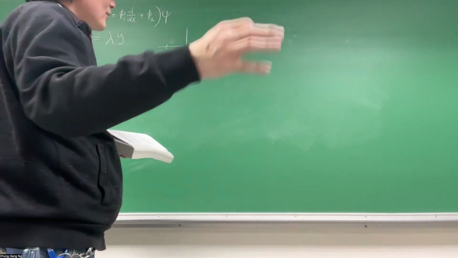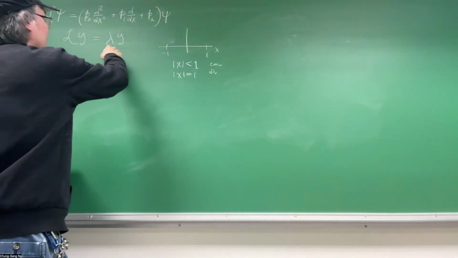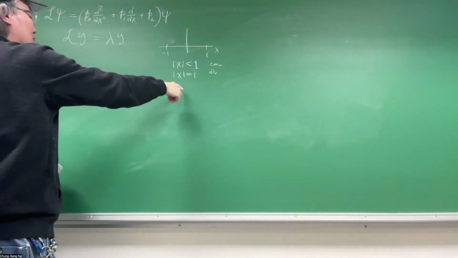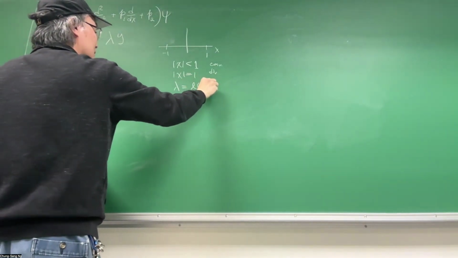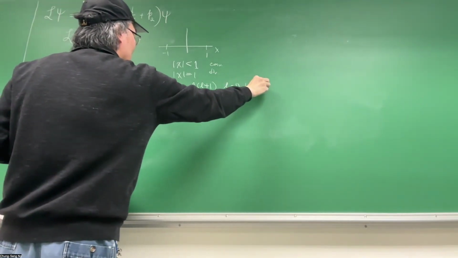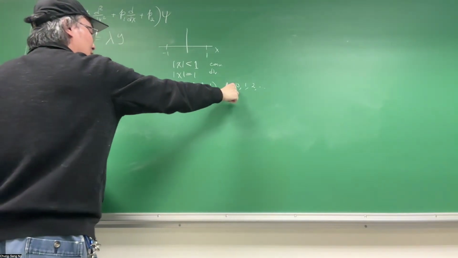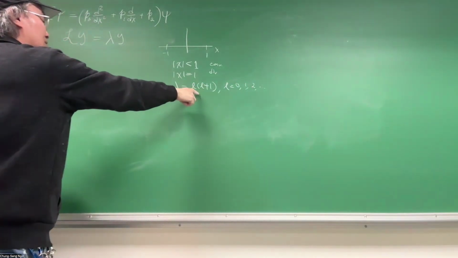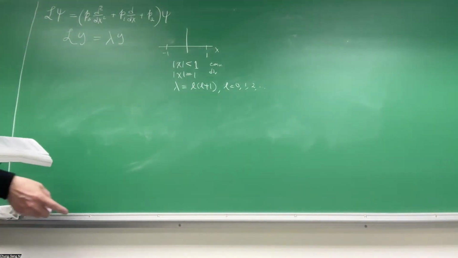After a certain term, all the coefficients become 0, and that is possible from the recurrence formula if lambda equals L times L plus 1, where L starts from 0. So you have a general choice of L: 0, 1, 2, 3, and then lambda becomes L times L plus 1.